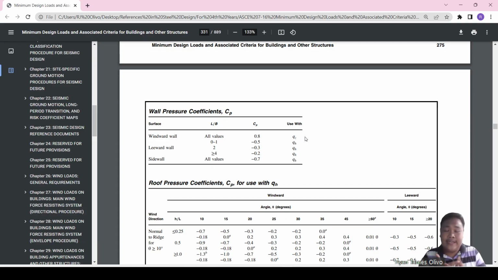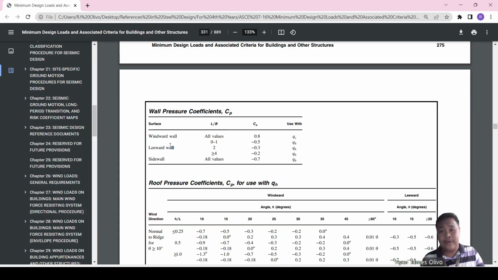Windward means the side the wind is directly facing. The wall is facing the wind, so it is really a positive pressure.